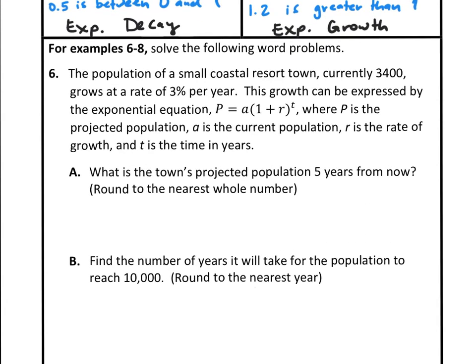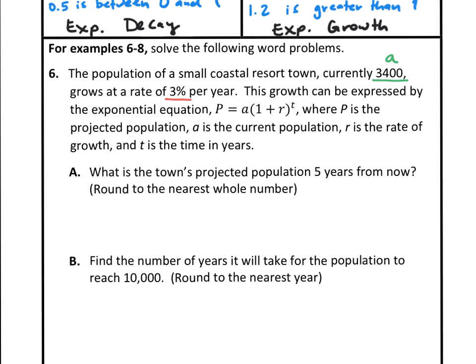Okay. So we got to break this problem down and identify some key pieces of this problem. So first, let's identify what is the initial amount. In this case, A, the current population is 3,400, right? And as we keep reading, it says it grows at a rate of 3% per year.